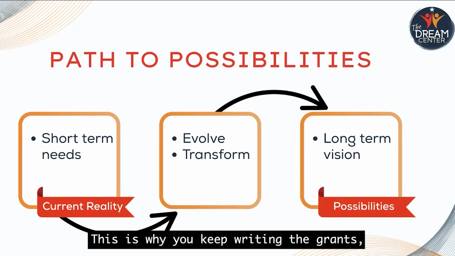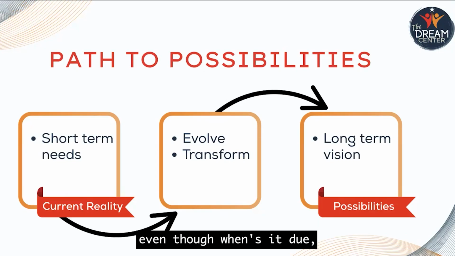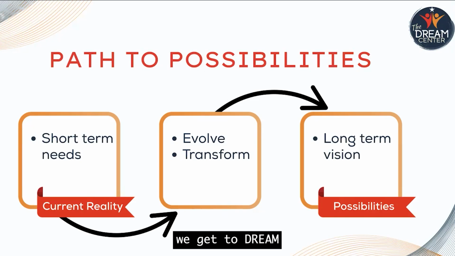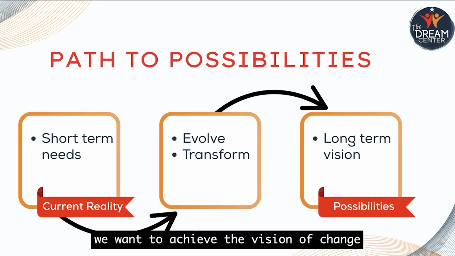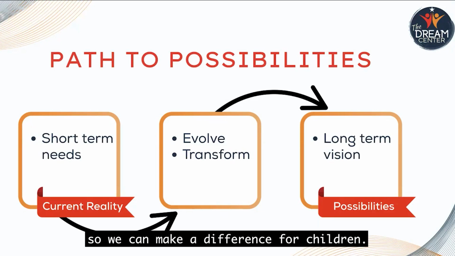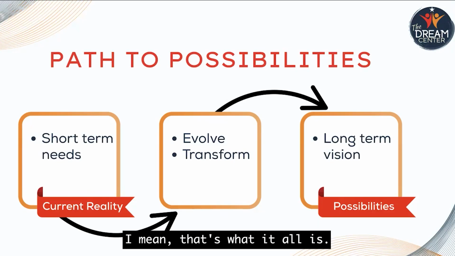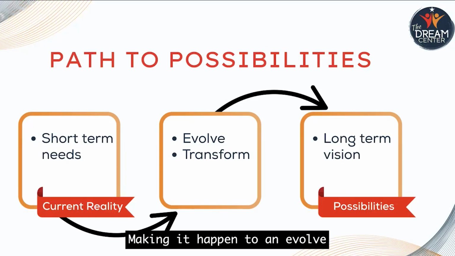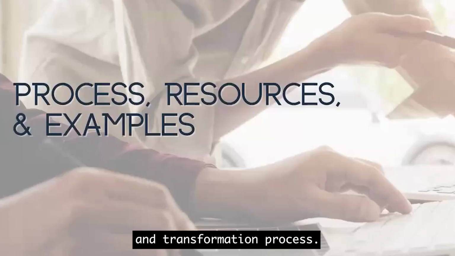This is why you keep writing the grants, even though, when's it due? How many more letters of support do I have to get? I mean, it's crazy putting them in. But ultimately, we get to dream because we're looking at our current context, and then we want to achieve the vision of change so we can make a difference for children. I mean, that's what it all is. And so today, as I mentioned, we're going to talk about how we make this happen, an evolve and transformation process.